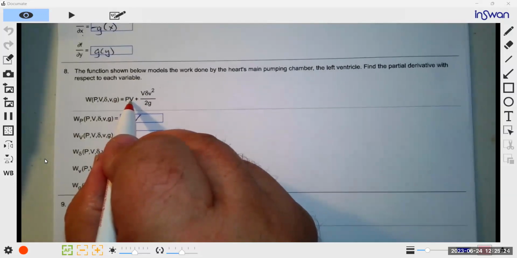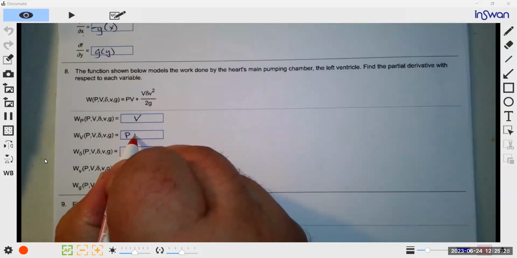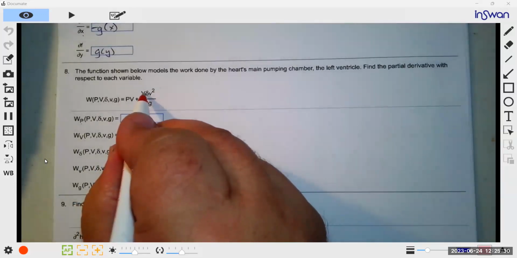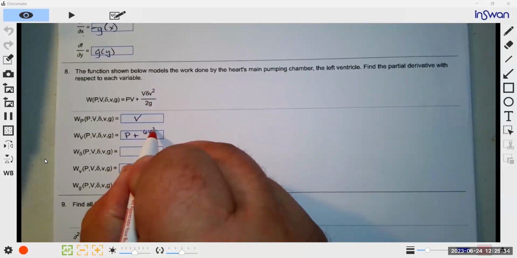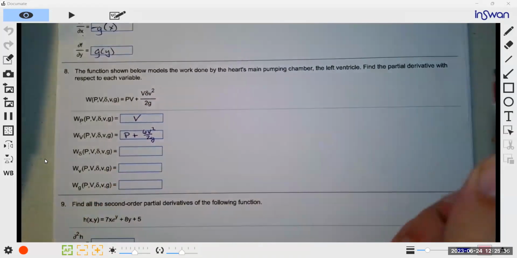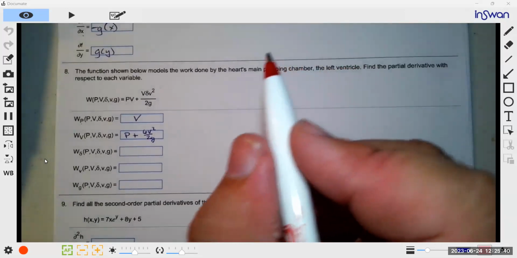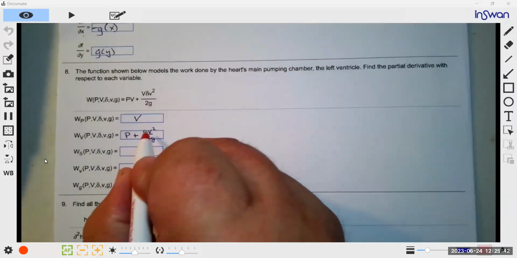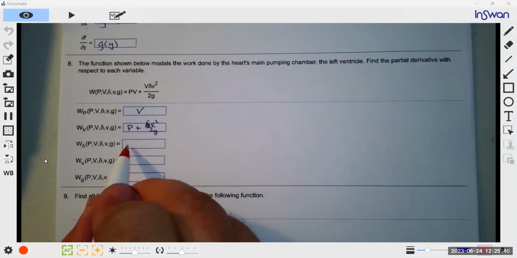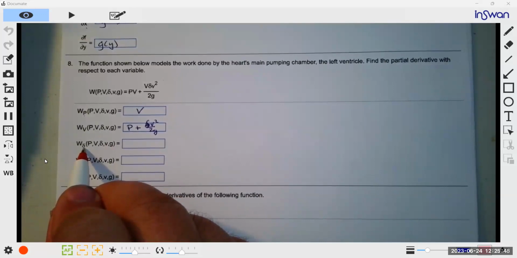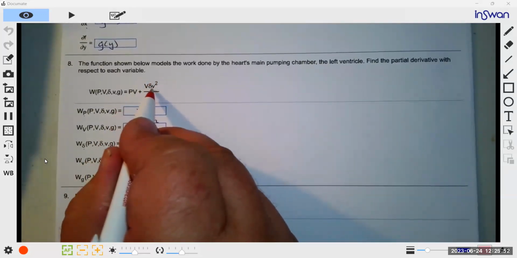With respect to V, okay, since there's a V, so it's P for this first part. And there's a V there, so the derivative of V is 1, so it's delta v squared over 2g. Or, I'm sorry, it's a delta. With respect to delta, that's a constant, so it disappears.